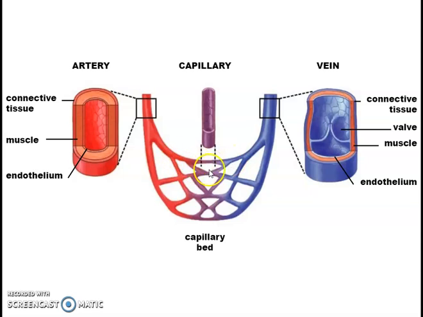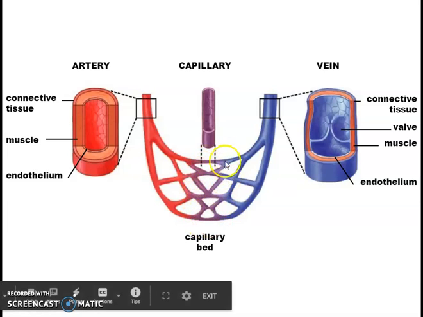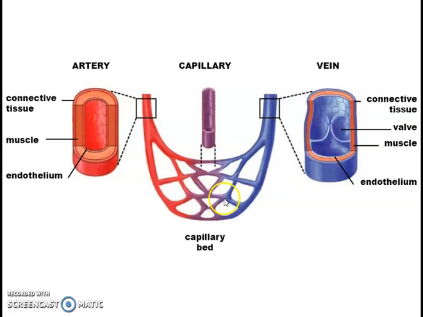So that's indicating oxygen levels. So it gets rid of oxygen and any other nutrients that those tissues might need, picks up any waste products, and then those small capillaries are going to form bigger and bigger venules, and those venules come together to form larger veins until you form the larger veins that then go back to the heart.